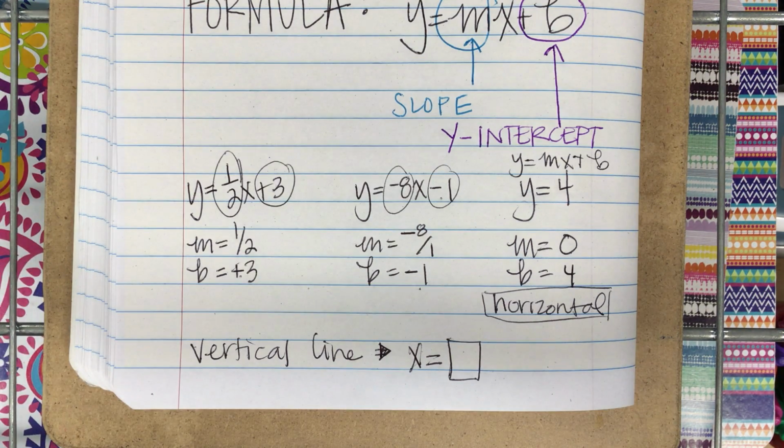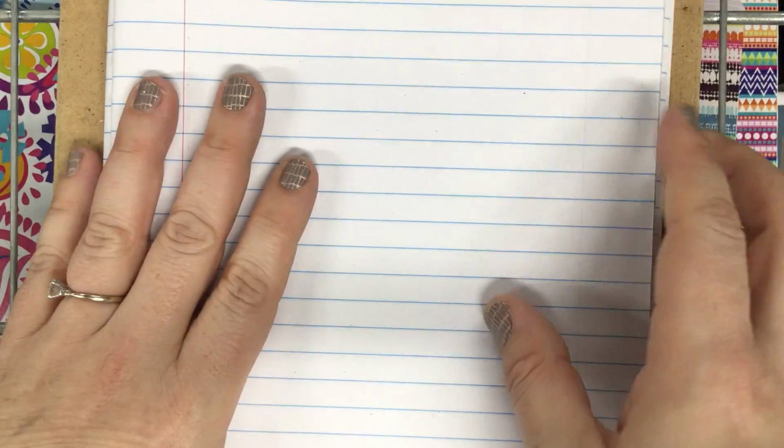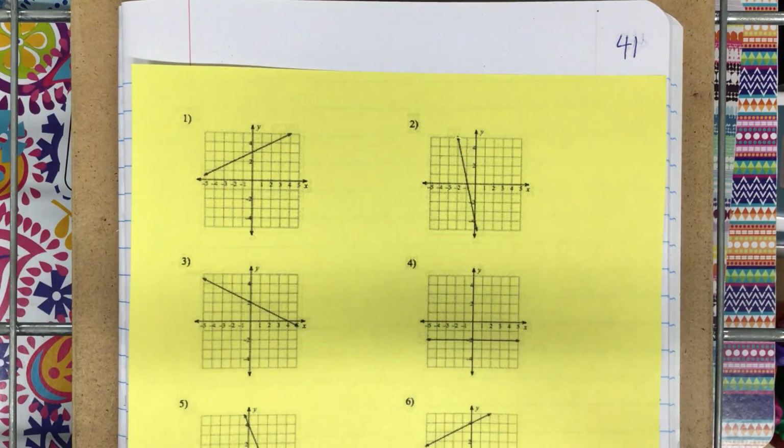All right, so if I give you an equation, can you identify the slope, the m, and the intercept, the b? If you're given a graph, so page 41 is where we're going to put our graph, can you do the same thing?